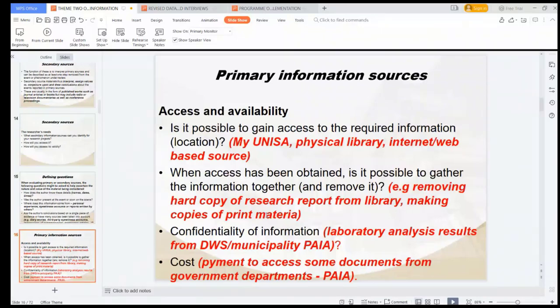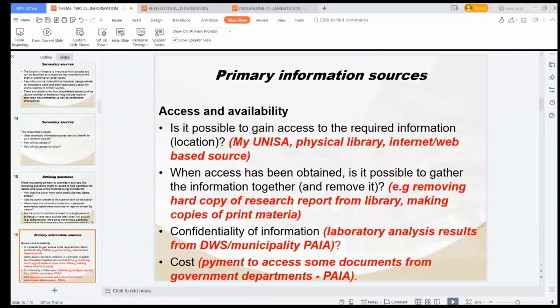Or if not, if a copy is only available from a physical library, would I be able to access the library? Am I registered with the library? Can I get it? Or if it is on the web, do I have access to Science Direct? How can I access this? Do I have access to any other electronic material, such as e-books?